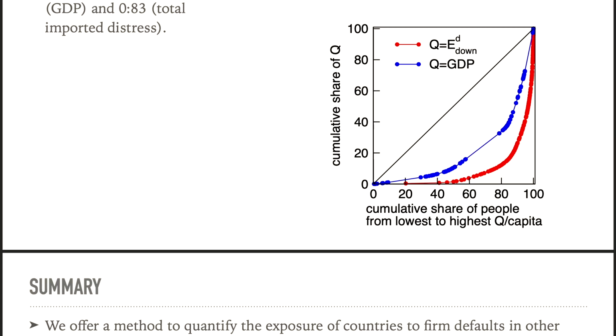We find that the Gini coefficient we measured is 83%, which is much more unequal than the Gini coefficient for the GDP, which is around 60. So, compared with the GDP, this risk is much more unevenly distributed.